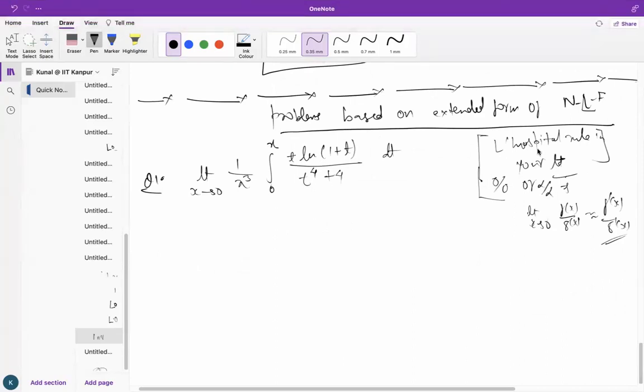So let's move on from the LHS. Before applying the L'Hopital rule, let me show you why it is required here.